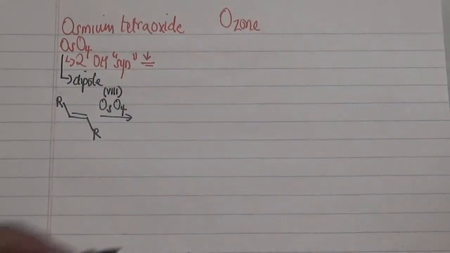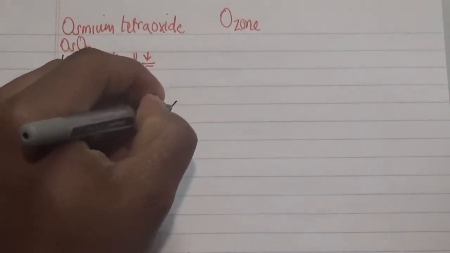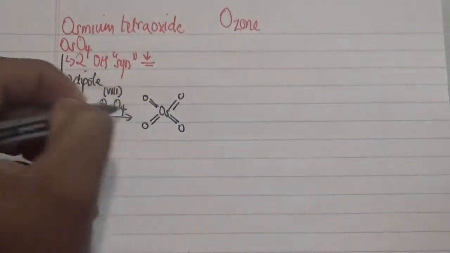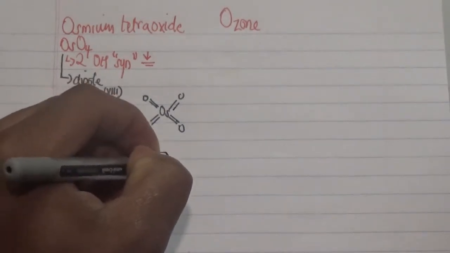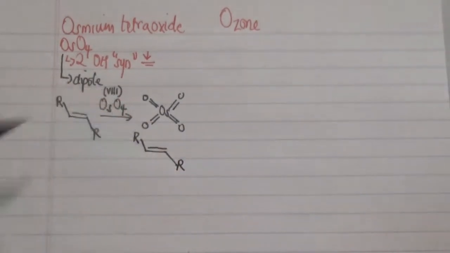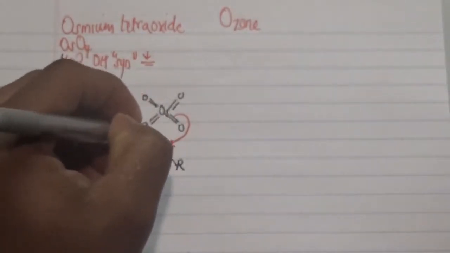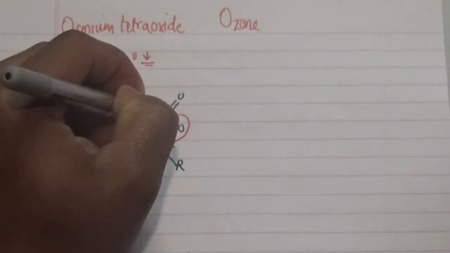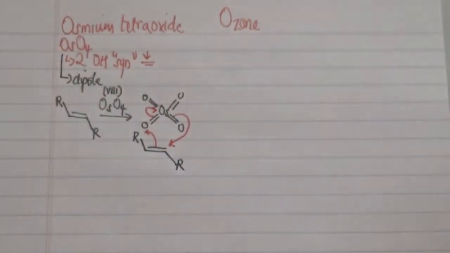Our osmium tetroxide is in this form, and what happens now is a 3+2 cycloaddition reaction, where our double bond forms a single sigma bond over here, and our pi bond forms a sigma bond, and this pi bond forms a lone pair on this osmium over here.